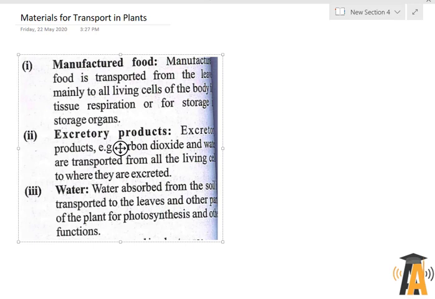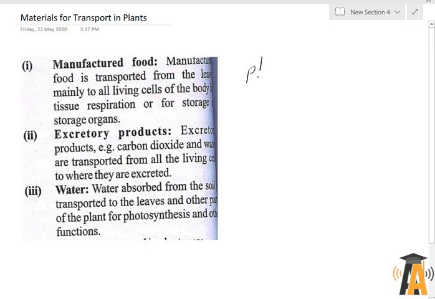When plants manufacture their food through the process of photosynthesis, which is the process by which green plants manufacture their own food, there's a need for this manufactured food to be transported to various parts of the plant, either for tissue respiration to release energy or for storage.